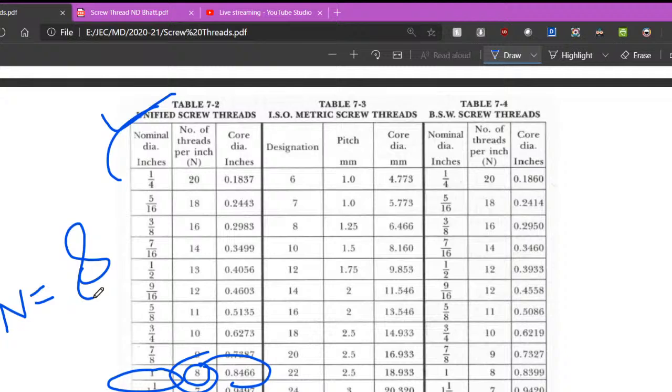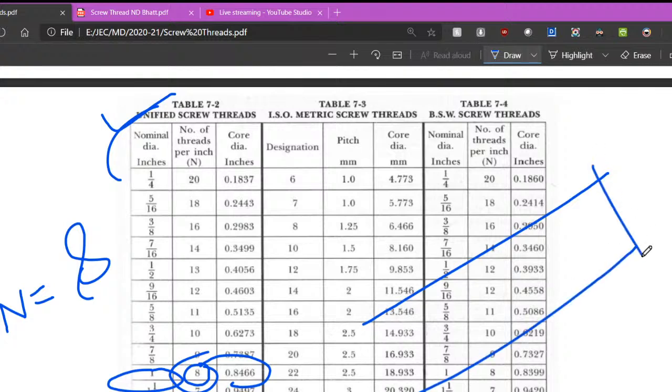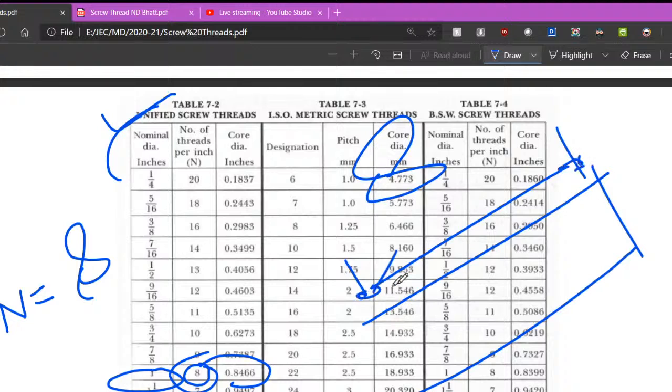So pitch is from here to here. In 1 inch you have 8 complete threads. When you rotate 8 times, the part will move from one end to the other end.